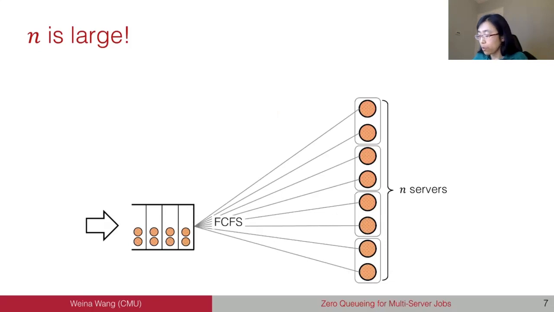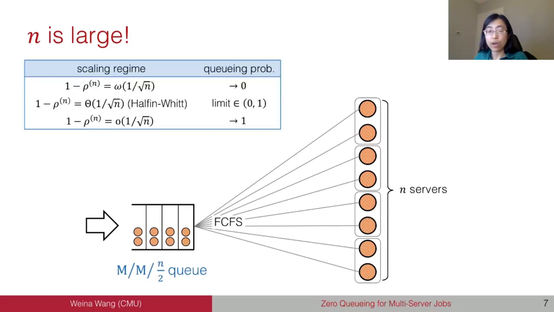For example, when we have only one job class and the server need is 2, then this is effectively an M/M/n/2 queue. And the classical results in the literature provide this table to us. Here, rho is the load of the system, and we use the superscript n to indicate that the load depends on n.